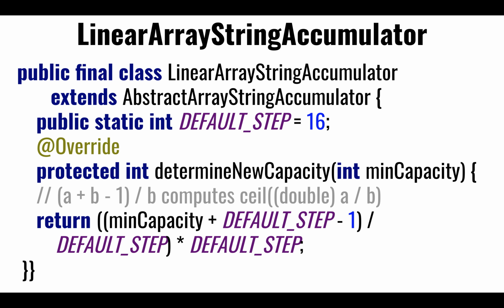So if we run out of space, we'll grow 16 times bigger. It will be some ratio of the current size and that step, 10 over 16 or whatever that is. Okay, and we can choose different steps.